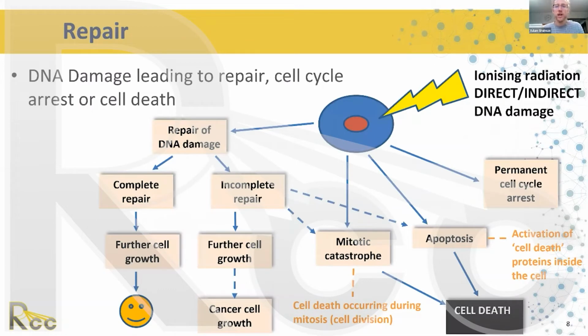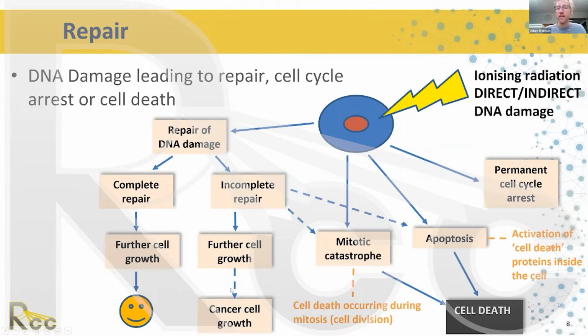Okay, so let's talk a little bit about the repair mechanisms. Up here in the top right, you've got basically the cell and ionizing radiation causing direct and indirect DNA damage. So for repair of DNA damage, you can have complete repair, and then the cell grows further, everyone's happy. You can have incomplete repair of the DNA damage, and this is where problems happen. Either the cell continues to grow and lives with incomplete repair of the DNA, and this in turn could become cancer cell growth, right?